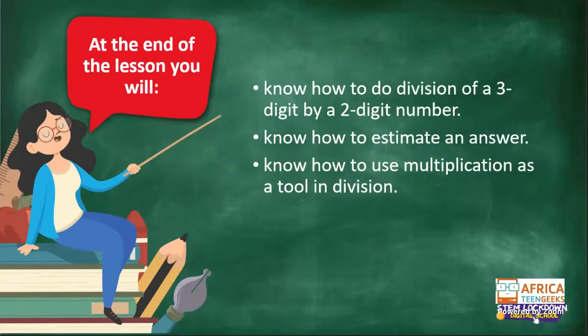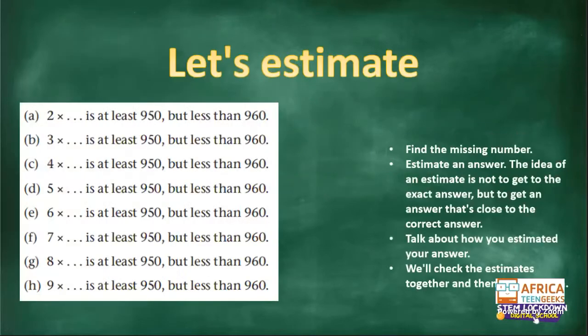So for this first slide, I want you guys to try and estimate. We can't spend too much time on this, but I just want to go through the thought process with you. There's a lot here. I'll keep an eye on the time. We look at this number over here, 950. Every time it's 950. So I have to say 2 times what is at least 950. Here we have to find that missing number, and I want you to estimate.